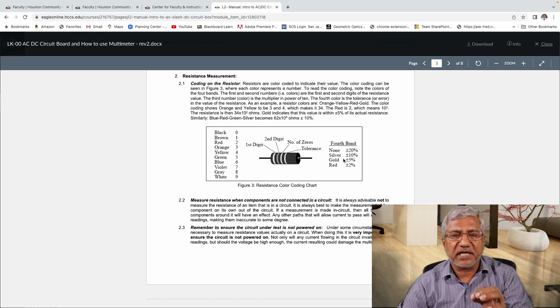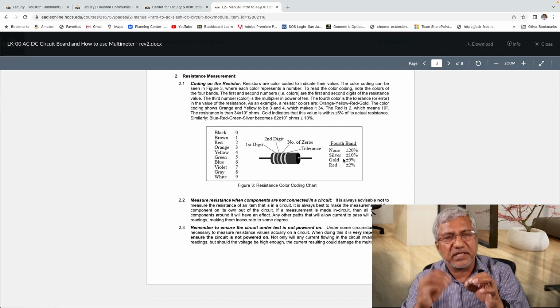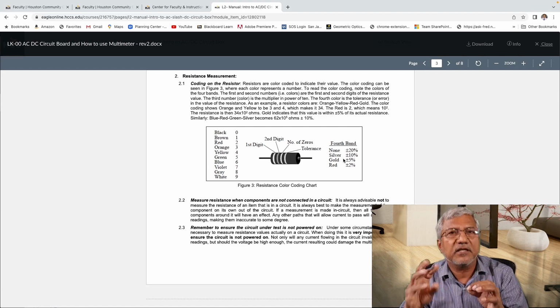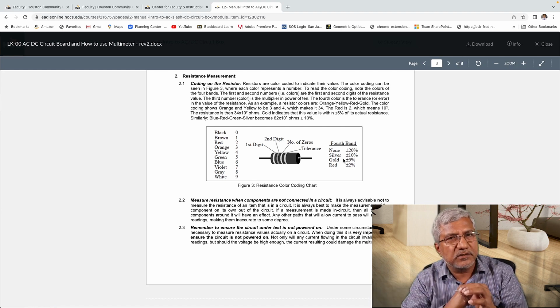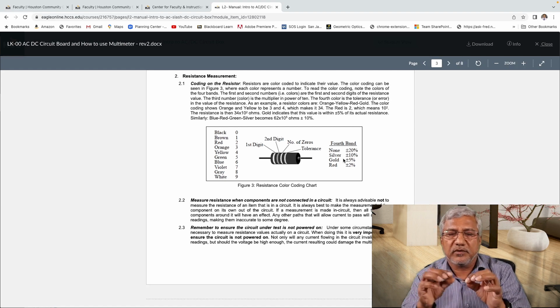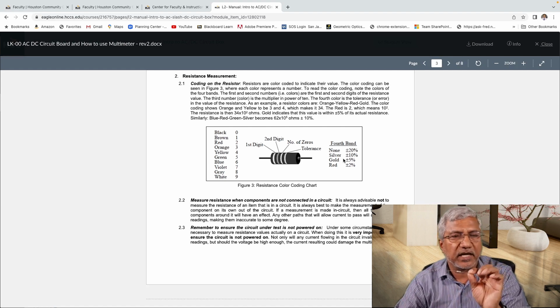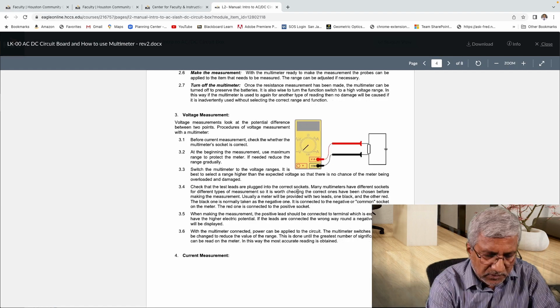So in this case, it's gold. That means the value of this resistor is 10 plus or minus 5% of 10. So that's how you theoretically determine the value of the resistance, by looking at the resistor.